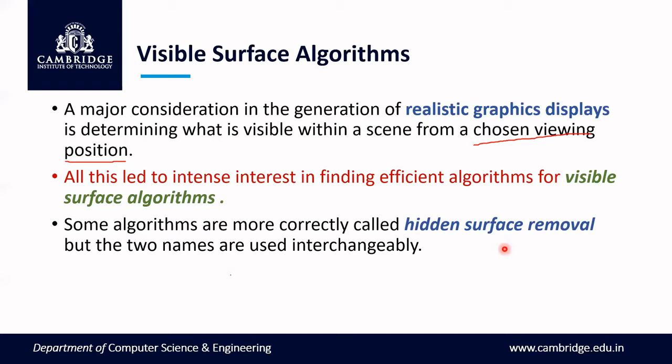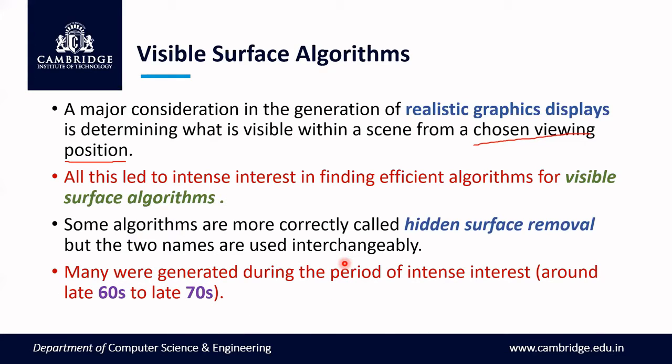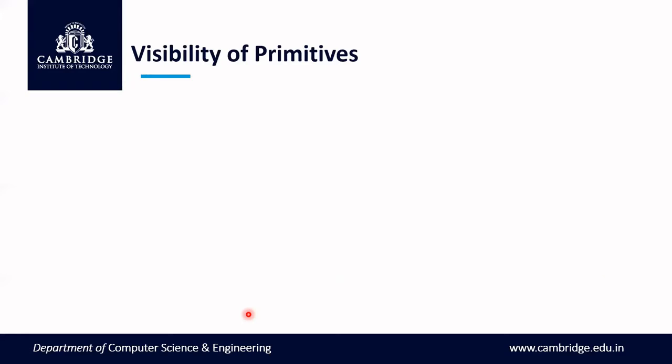Whichever surfaces are hidden, I have to remove; whichever surfaces are visible, I need to detect. So these are two names given for the same kind of algorithms, and both can be used interchangeably. Many were generated during the period of intense interest around the 60s and 70s. All these algorithms were identified.